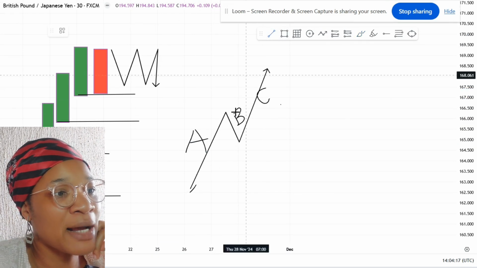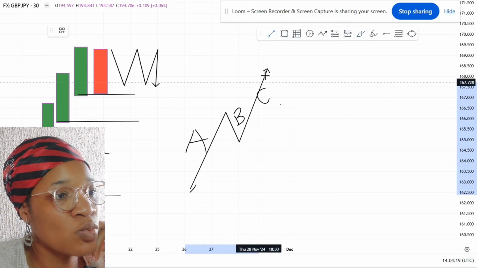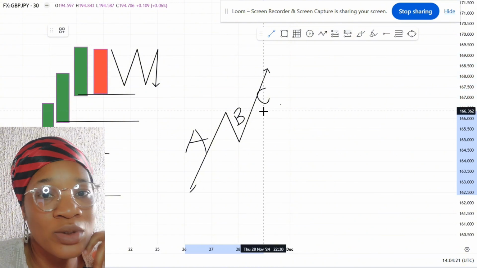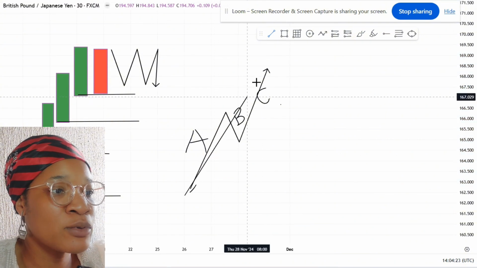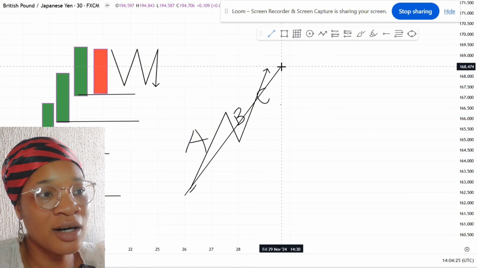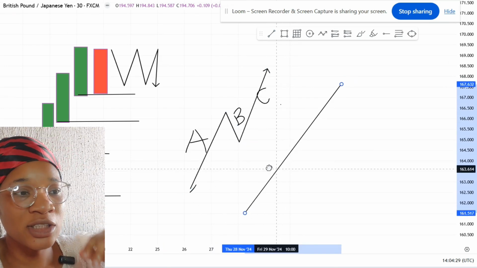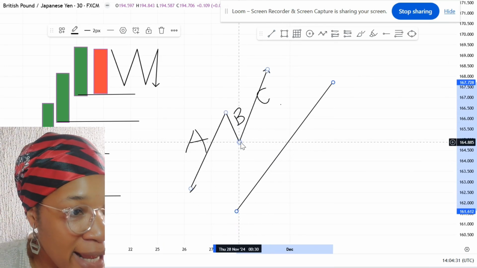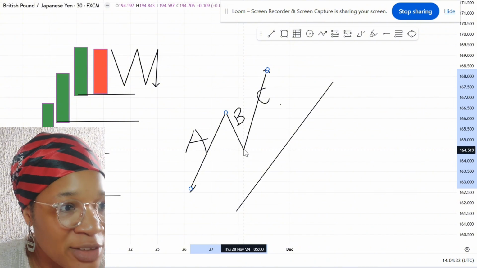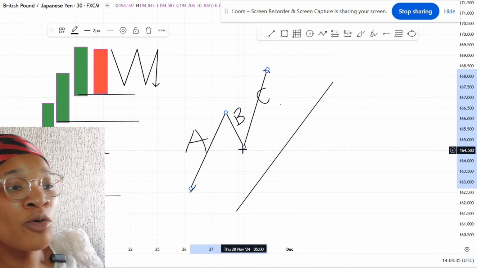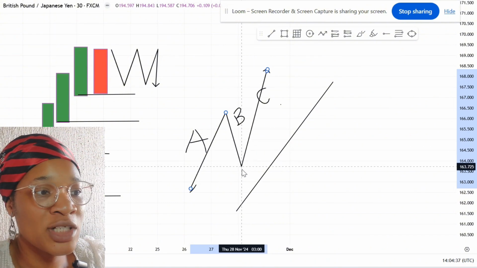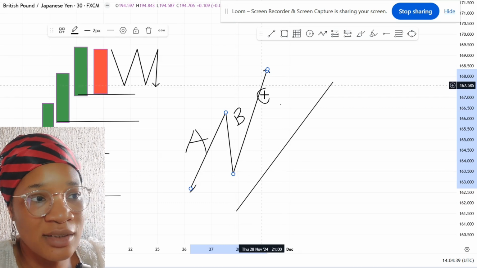It may just be that price is just one entire movement, one leg movement, right? If you're unable to spot the pullback, it will be difficult for you to know when the correction is over. The correction here, I mean B, when B is over, and you wouldn't know when to look for an opportunity to enter into C, right?